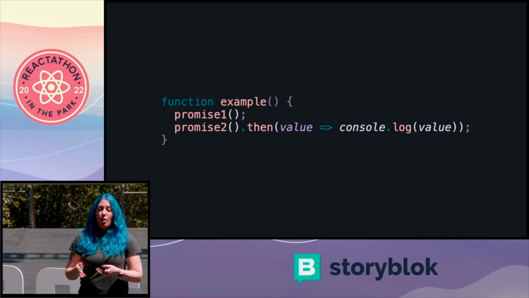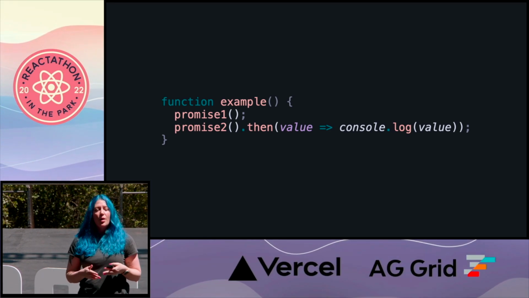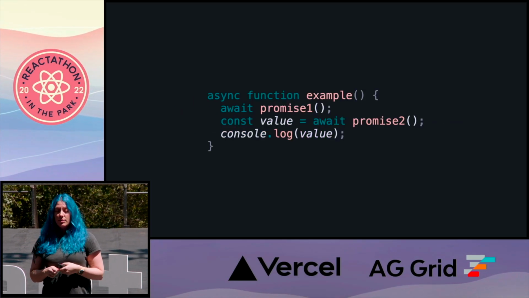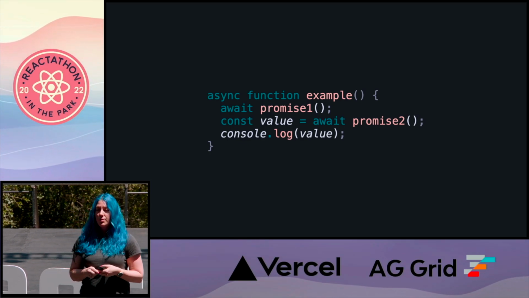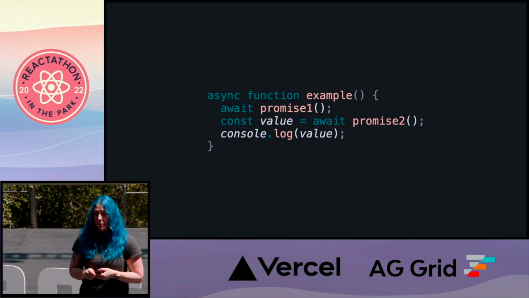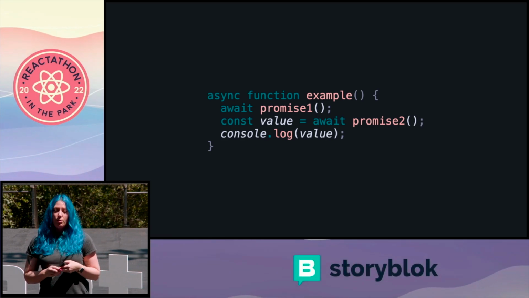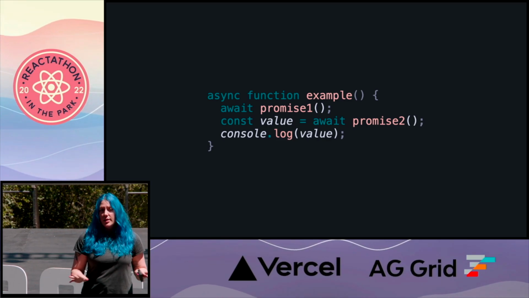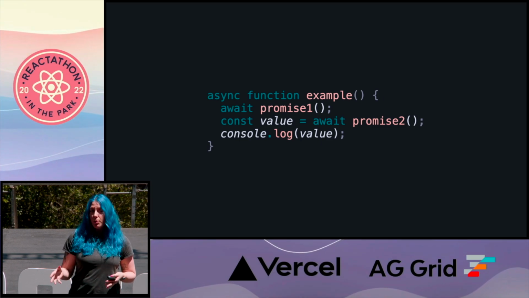So here is some promise-based code, and let's say that we want to convert this to async-await. So when we do so, it might look like this, right? So we have an async function. We're awaiting promise 1 and 2. The problem is that the promise-based code and our async-await refactor are not equivalent. This actually might be fine, but we've taken code that did not block.